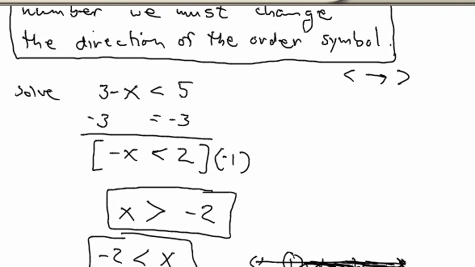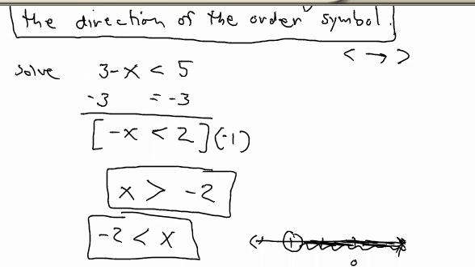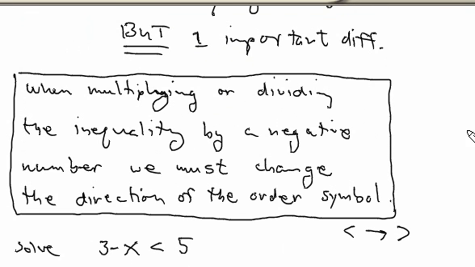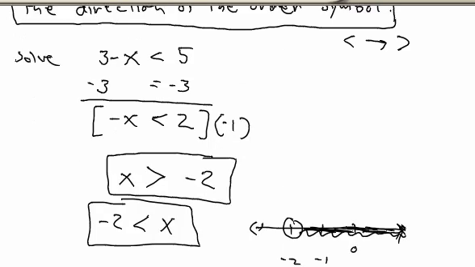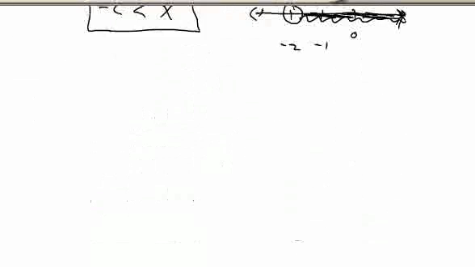So to show that this actually works, let's do it in a different way. Let's start off again: 3 minus x is less than 5.